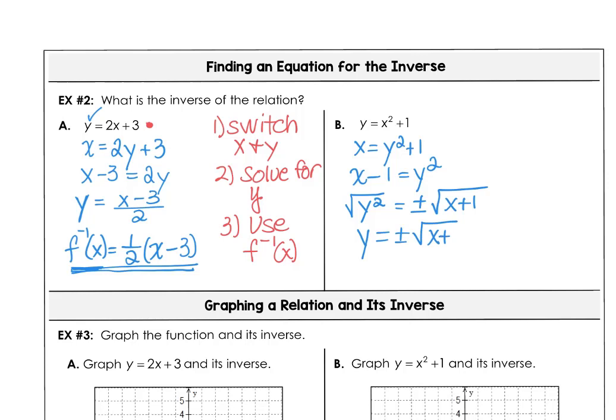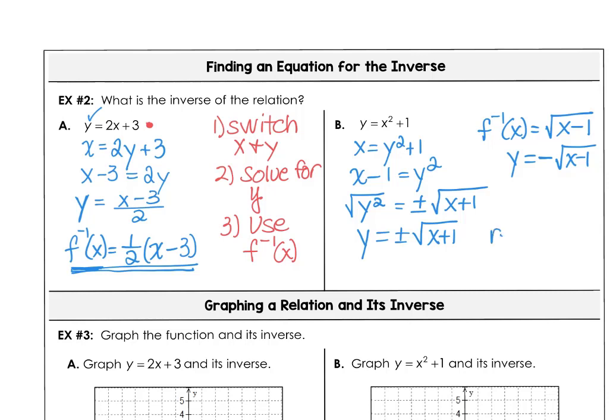If you wanted to be able to use inverse notation, then the inverse notation for the inverse function would only be the top part of the square root, not the bottom part of the square root. That way we're keeping the second part, the negative square root, that would not be part of the inverse function, only the top part.